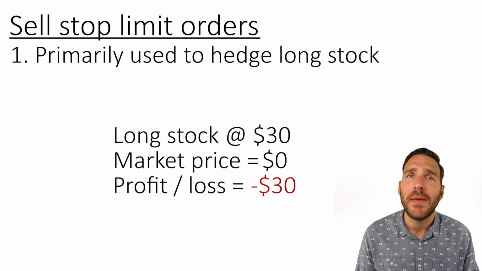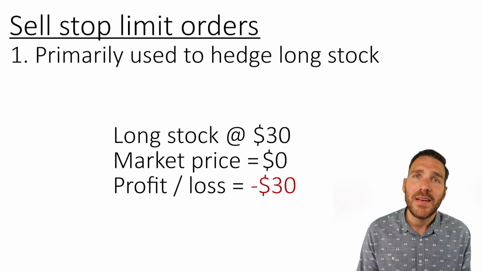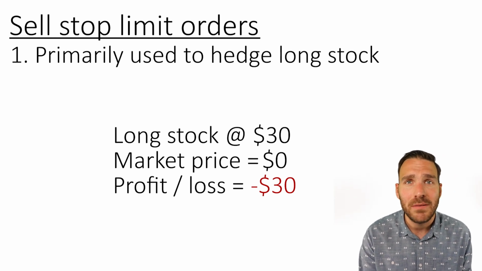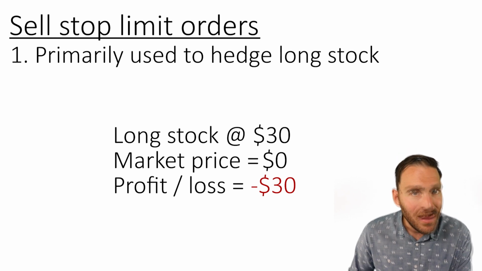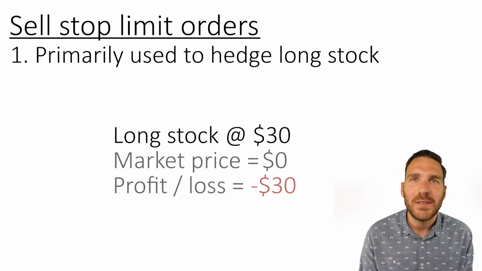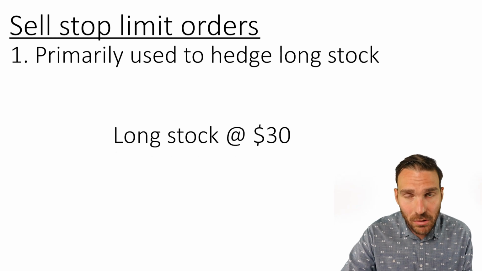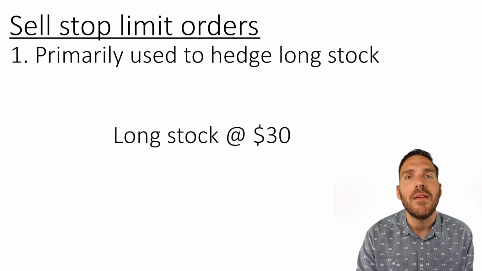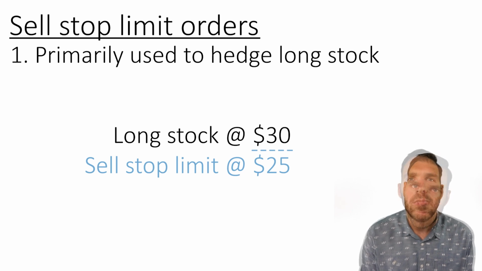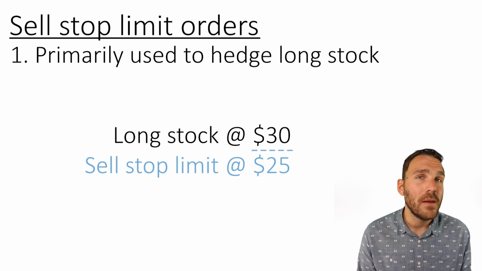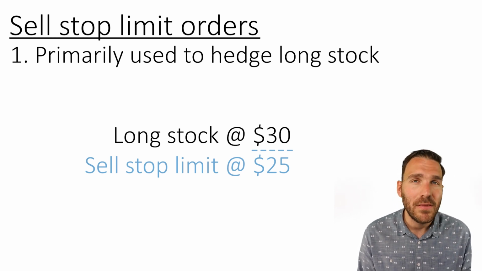We'll learn a lot about the mechanics here, but basically an investor that holds a long stock position just needs to decide what is the most I'm willing to lose on the stock, and then they place an order accordingly. For example, let's assume with this long stock position at 30, the investor places a sell stop limit at 25. This will help us talk a little bit about the guarantees that are involved in this type of order.